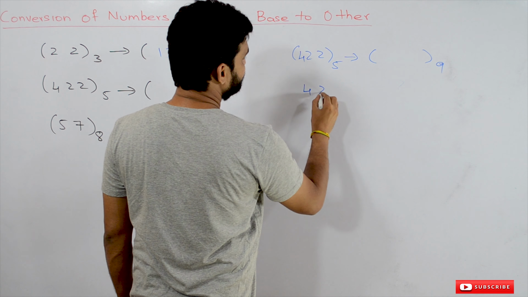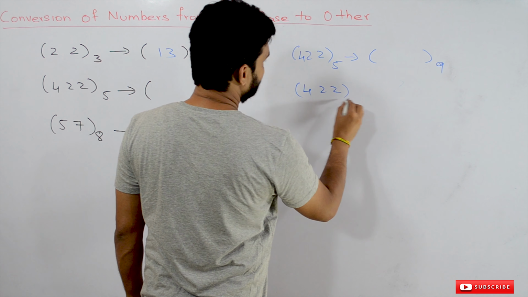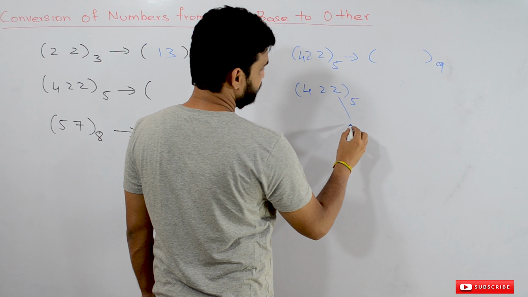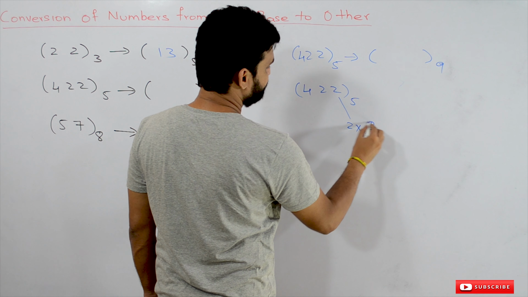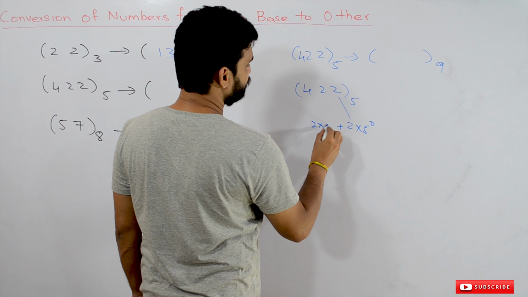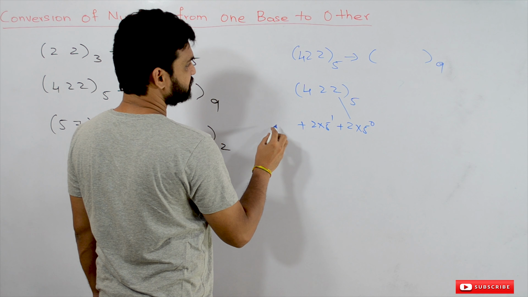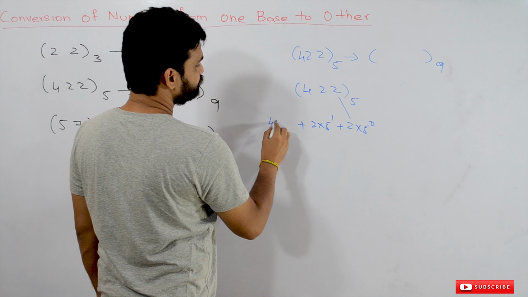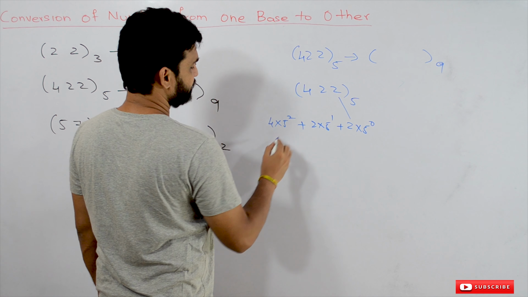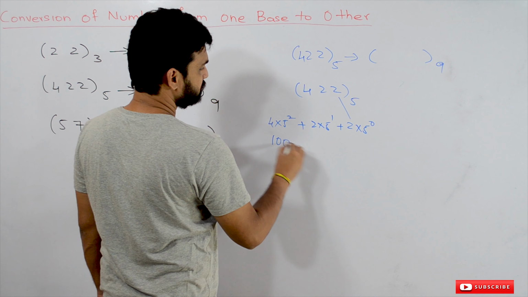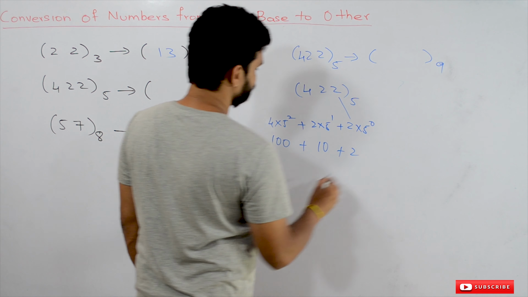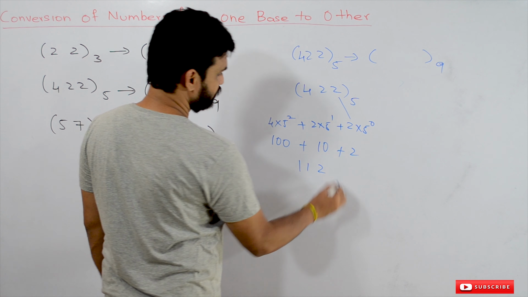Find the sum of the positional weights of all the digits in the number. It is 2 into 5 power 0, plus 2 into 5 power 1, plus 4 into 5 square. It is 100 plus 10 plus 2. What is that? It is 112.